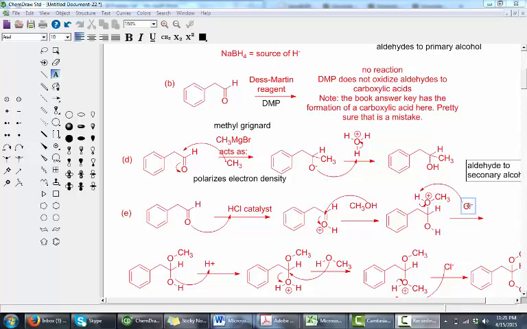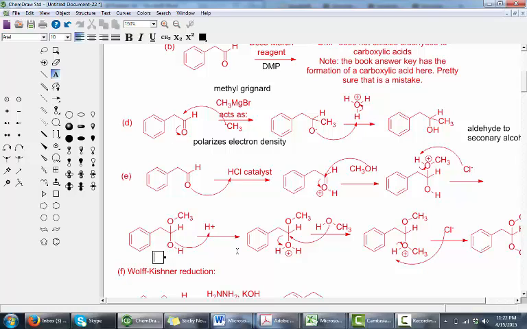Alright, now the Cl- is going to pull off this proton here to form this intermediate, which is a hemiacetal. This hemiacetal is going to undergo further reaction now with H+ to form an OH2, and the reason it does that is this now becomes a good leaving group.